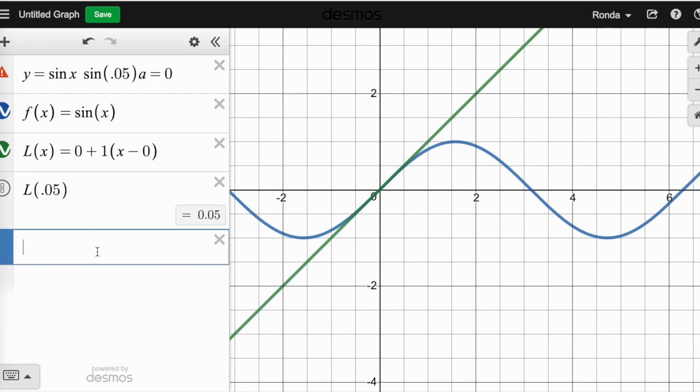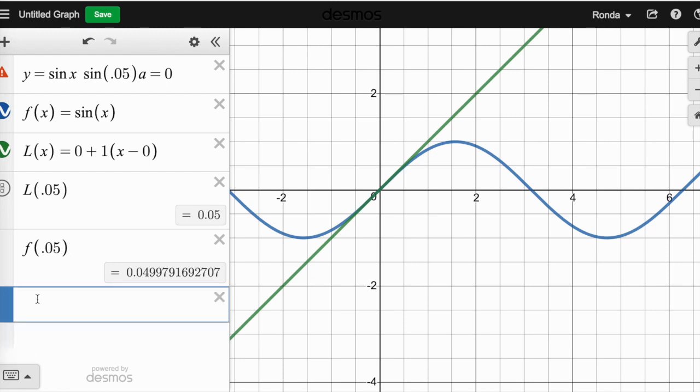And let's see, my f of 0.05 is 0.0499. So there's a lot more here, but this one's just approximating to 2 decimals. If I round this to 2 decimals, I would get 0.05 as an approximation. So it's a solid approximation.